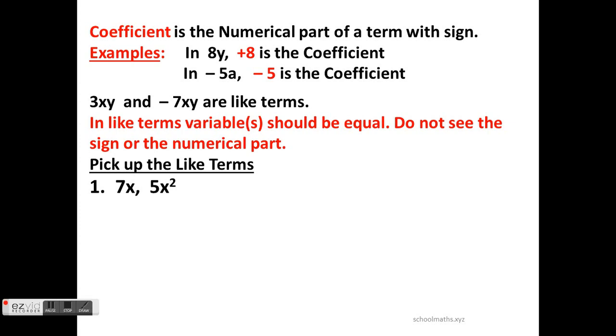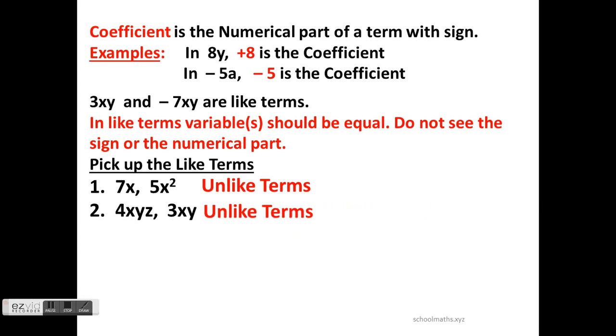Like terms, first one, 7x, 5x square. Are they like terms? No. They are unlike terms. Why? In the first term x is there, in the second term x square is there. 4xy and 3xy. Are they like terms?